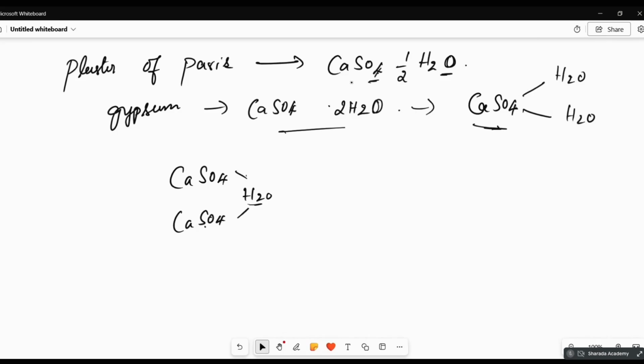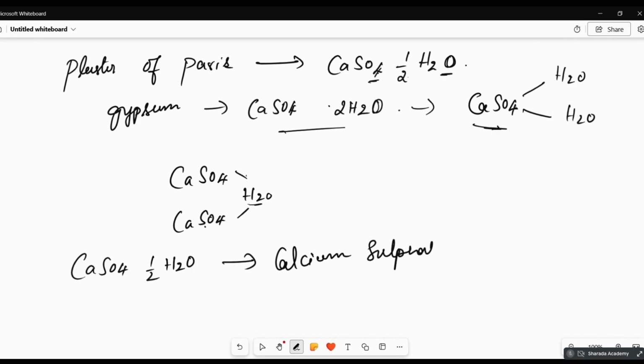Then, the chemical name of CaSO4 half H2O, write this down, is calcium sulfate hemihydrate. Semihydrate or hemihydrate, both ways they call it.